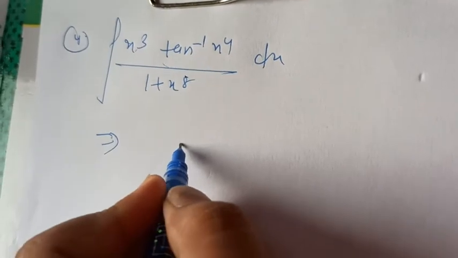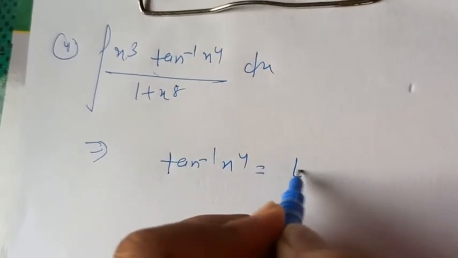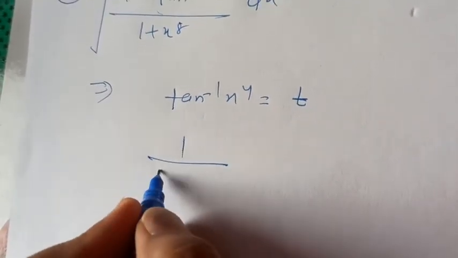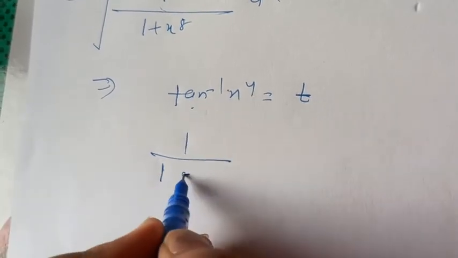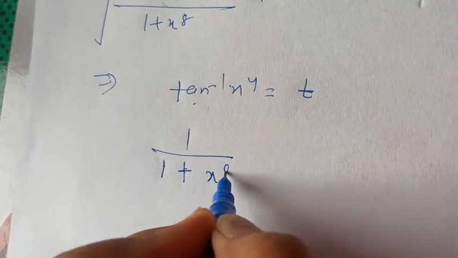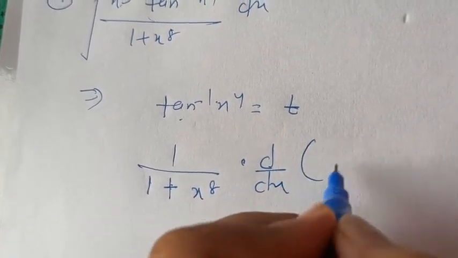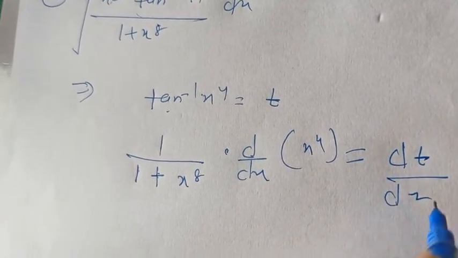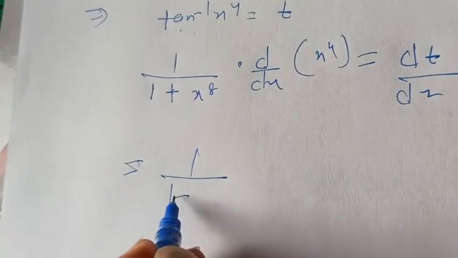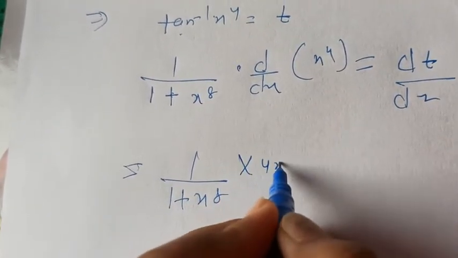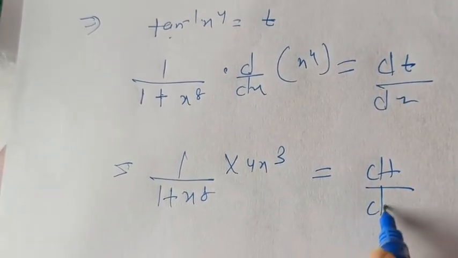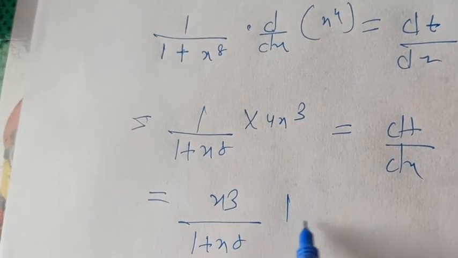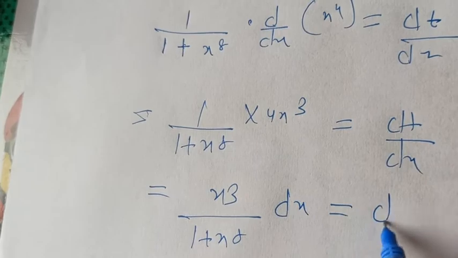Derivative of tan inverse theta is 1 by 1 plus theta square. Here theta is x^4, so this will give you 1 by 1 plus x^8, into the derivative of this middle function, which is dt by dx. The derivative of x^4 is 4x cube. Now let's do some arrangement. Bring x cube over 1 plus x^8 dx to the left side, and dt by 4.